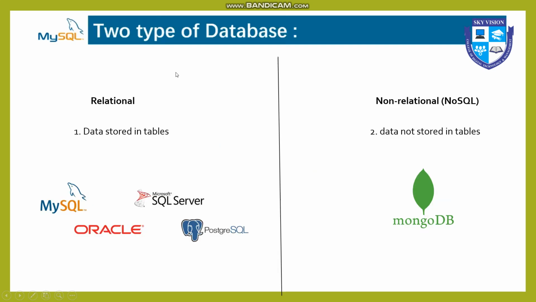After that, we have two types of database systems: the relational database system and the non-relational database system. In a relational database system, all our data is in table format. But in a non-relational database system, we don't have tables, which means information is not stored in tables; it is stored randomly. For example, MySQL is a relational database system, and MongoDB is a non-relational database management system.